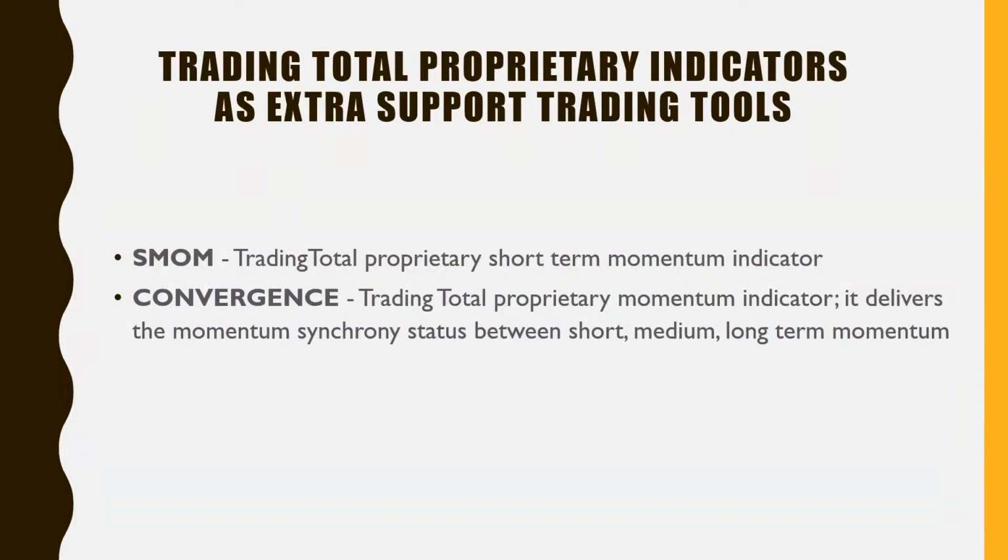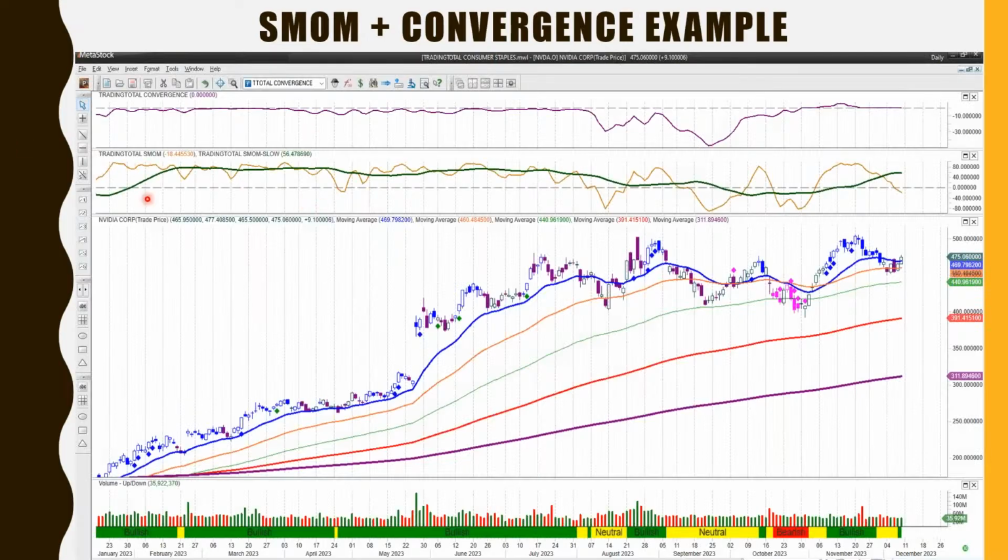Now we will introduce our proprietary indicators, S momentum and convergence, both coming with our Smart 2024 trading system for MetaStock. Today we will talk about the S momentum. We don't have time enough to talk about the convergence, but just a brief comment.